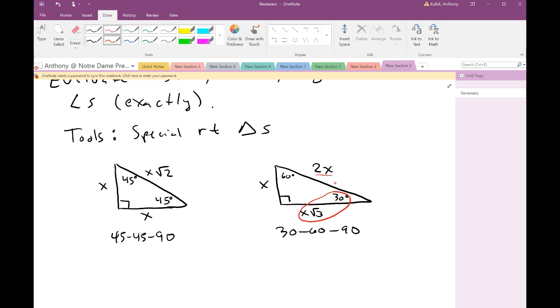It has to go next to the 30-degree angle. That's not the hypotenuse.